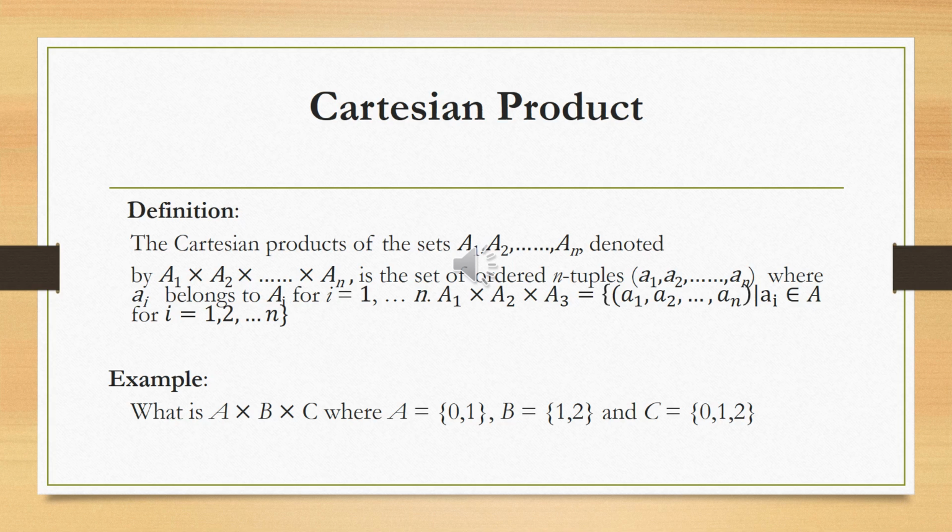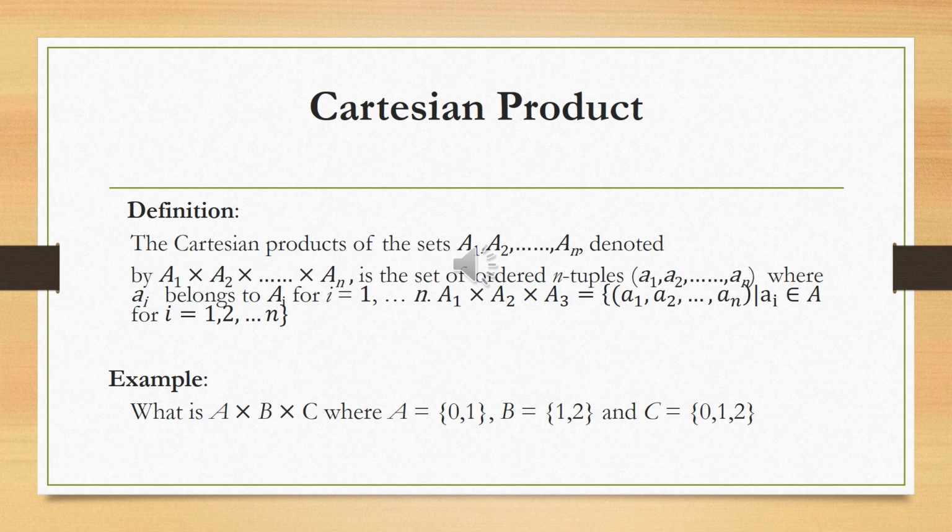Okay, so we can actually find the Cartesian product not only for two sets but for many sets. For instance, here you have set A that has elements 0 and 1, set B that has elements 1 and 2, and set C that has elements 0, 1, 2.